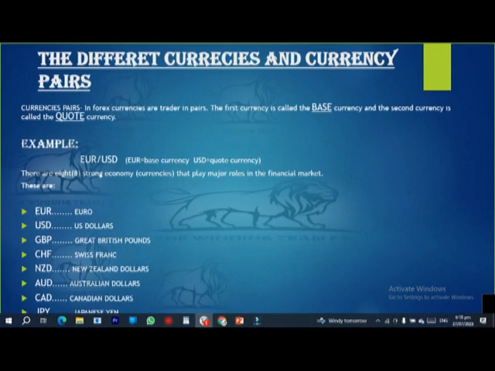We trade them, they move together. I said yesterday that forex trading is just like how you go to the forex bureau and exchange your money. Like when you are moving from Ghana to the USA, you need to change your Ghana cedis into US dollars. That transaction is forex trading. It's happening between two currencies.